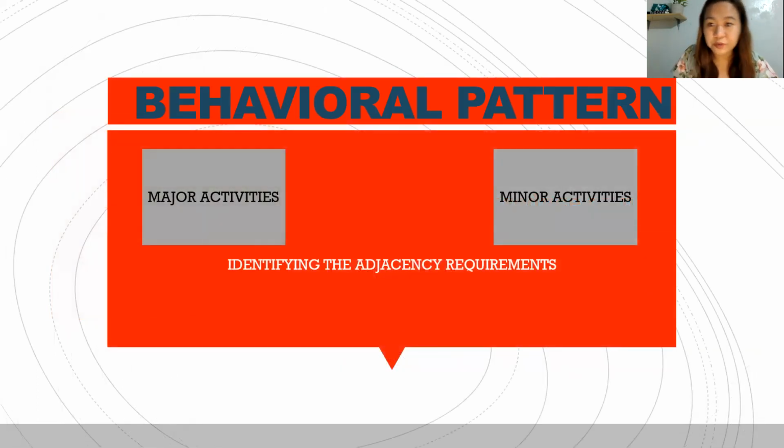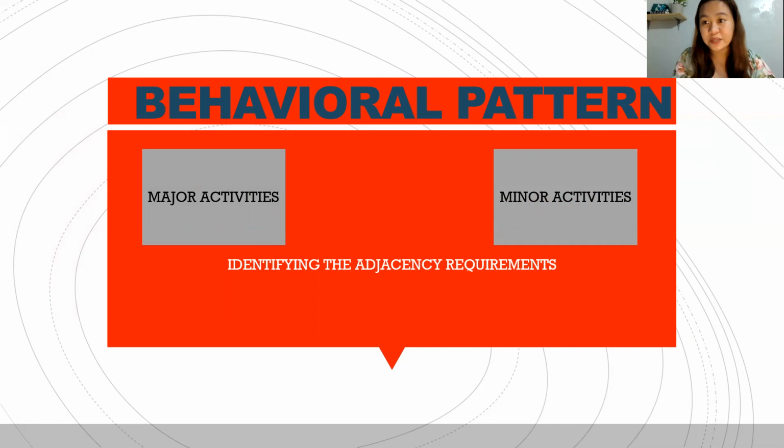So, we have this what we call the behavioral pattern or the flow of charts. So in identifying the adjacency requirements ng ating spaces, tinitingnan natin kung ano yung major activities at minor activities ngayon ni user. So syempre ang isang tao, madami siyang activities sa isang araw, madami siyang ginagawa sa isang lugar.